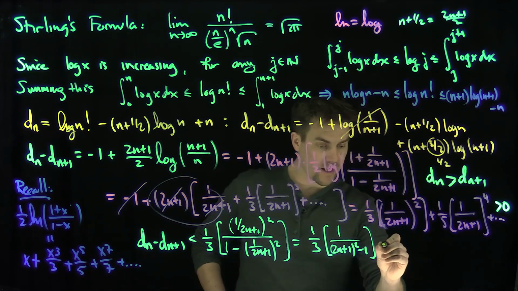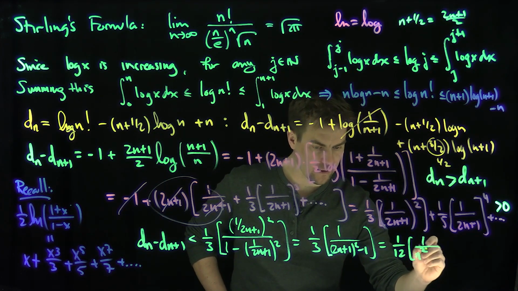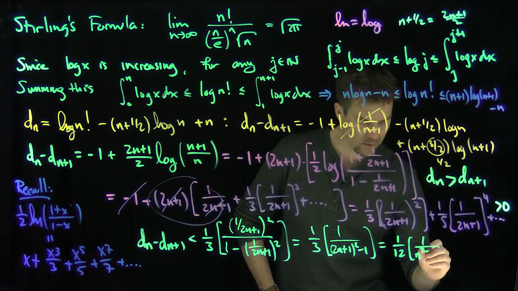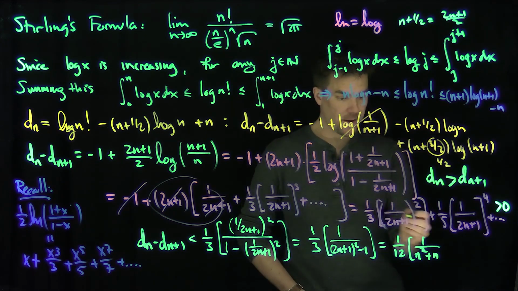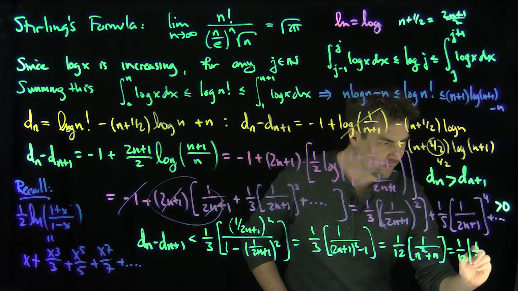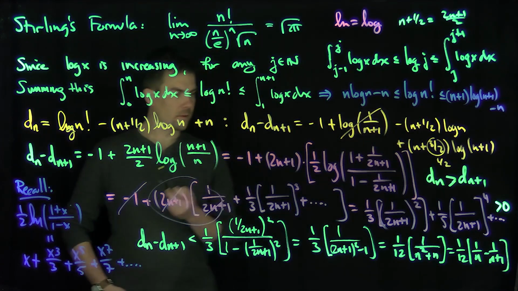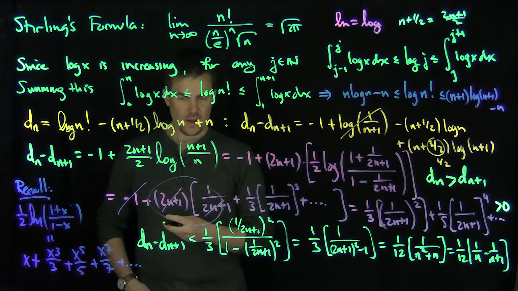So I can pull that 4 out, and I have 1/12, and then 1 over n squared plus n over here. And that, by partial fractions, is equal to 1/12 times 1 over n minus 1 over n plus 1. We can just check that immediately. That's immediately obvious just by doing the subtraction. And what does that show?